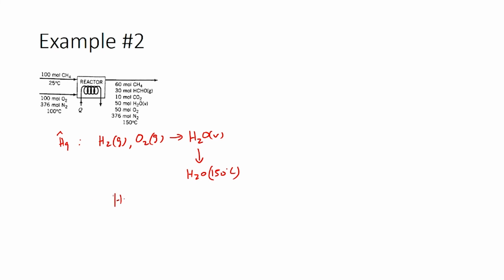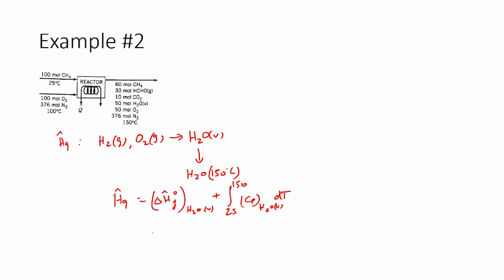So, your H9 cap would actually be equal to delta HF cap of water vapor plus either integral Cp dt, or you can also use the value from the enthalpy table for combustion gases. So, you would have integral 25 to 150 Cp of water vapor dt.